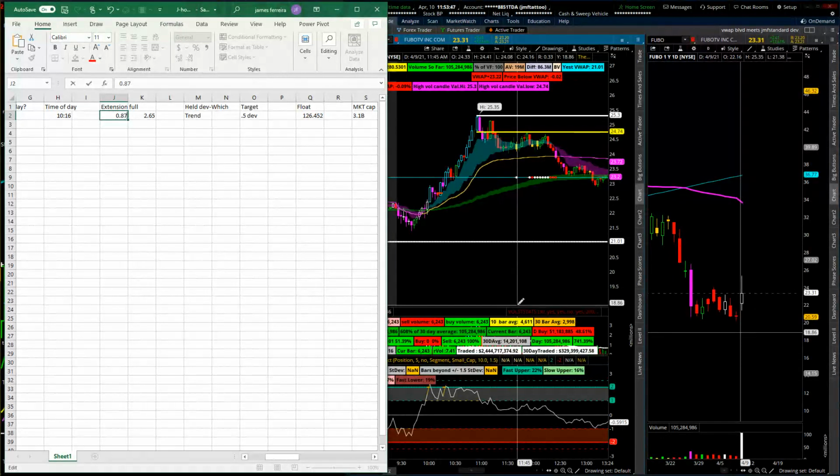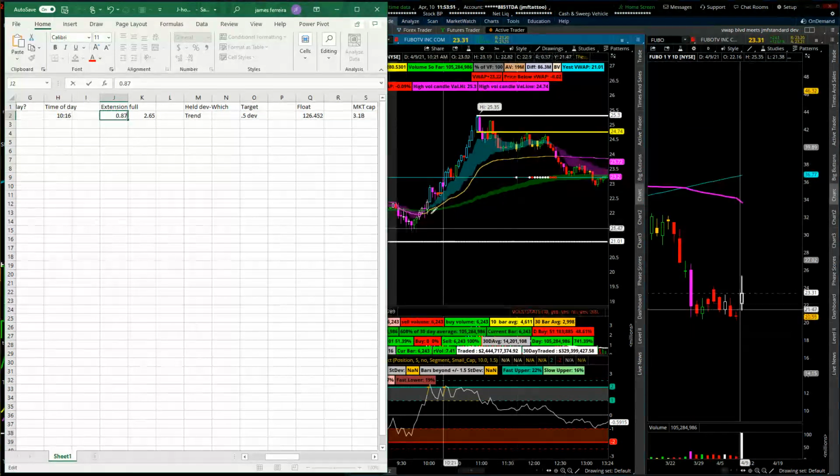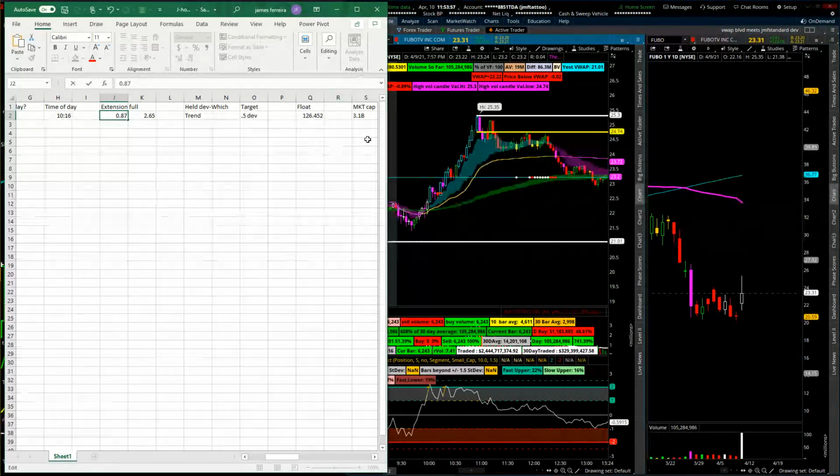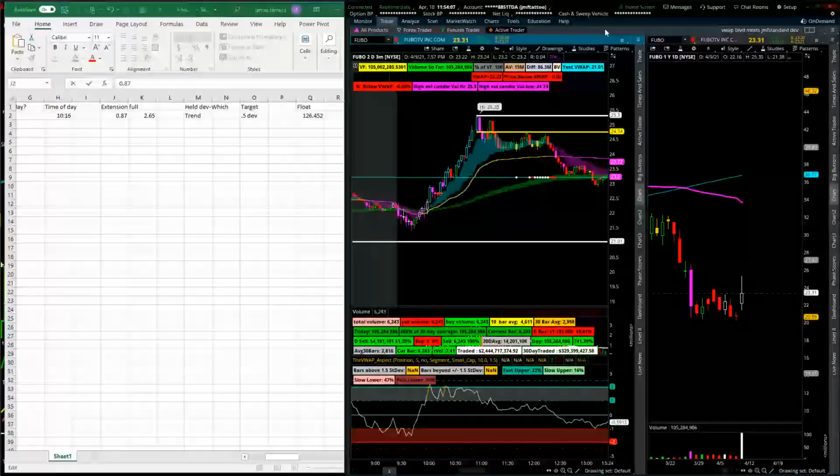For those of you that want to build a playbook and want to have a specified strategy, this is a super easy way to take your data points and analyze them. For those of you that know Excel better and can write the formulas, I'm in no way, shape, or form saying I'm an Excel expert. We all know that.